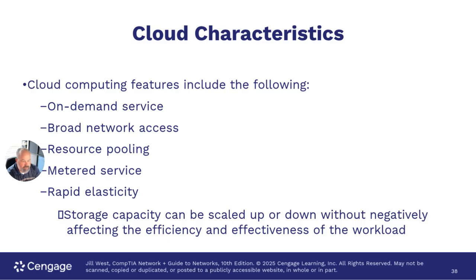Third, resource pooling means sharing resources efficiently, which is kind of like carpooling for computers. Fourth, we've got metered service, and that means you pay for what you use. No more, no less. And then last, we have rapid elasticity. That means scaling up or down without breaking a sweat. Kind of like having stretchy pants for your data.